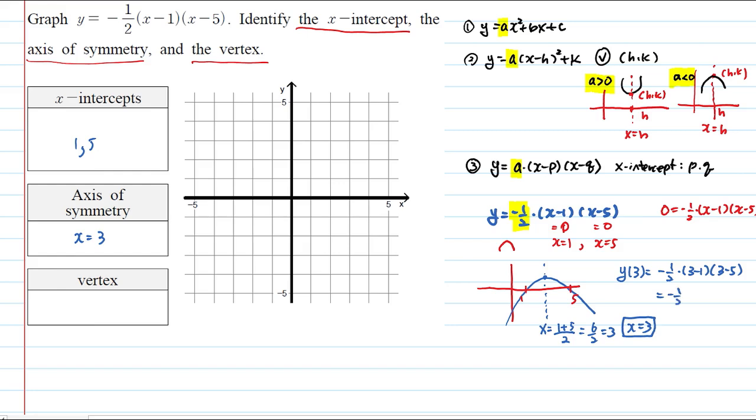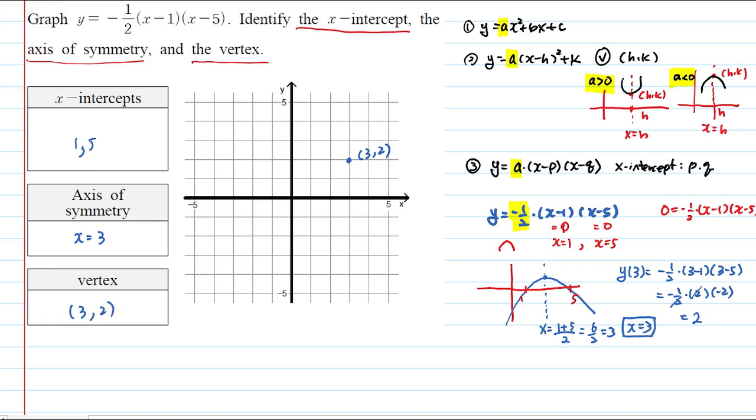That's negative 1 over 2 times 2 times negative 2. The 2 and 2 get cancelled. Negative 1 times negative 2 will give you 2. So the x coordinate is 3 and the y coordinate is 2. That will be (3, 2). That will be my vertex.